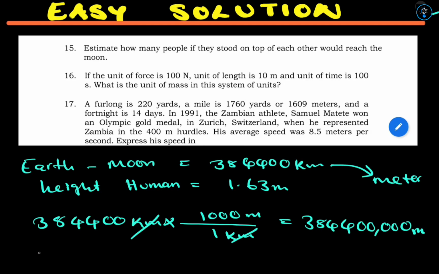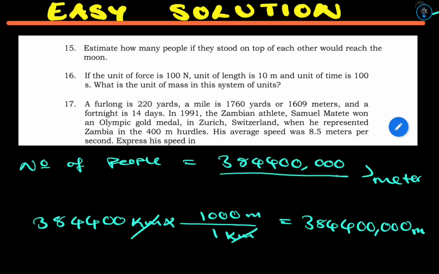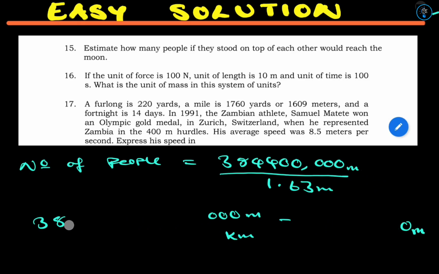Then from there, we're going to divide. The number of people required to reach the moon will be equal to that particular distance divided by 1.63, the average height of a human being.